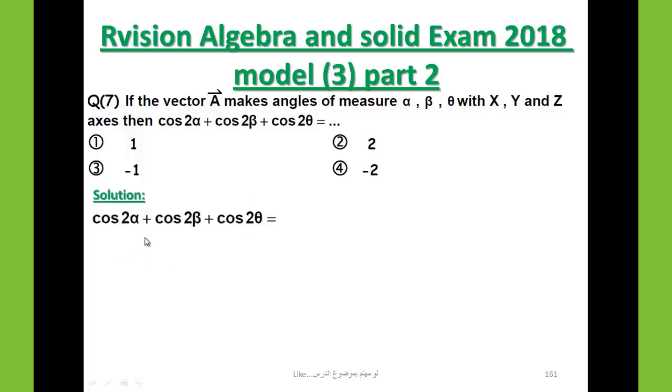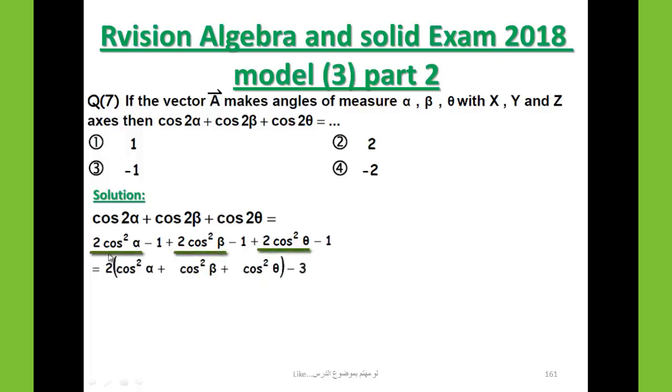First, cosine 2 alpha equals 2 cosine squared alpha minus 1. Also, cosine 2 beta equals 2 cosine squared beta minus 1. Cosine 2 theta equals 2 cosine squared theta minus 1.